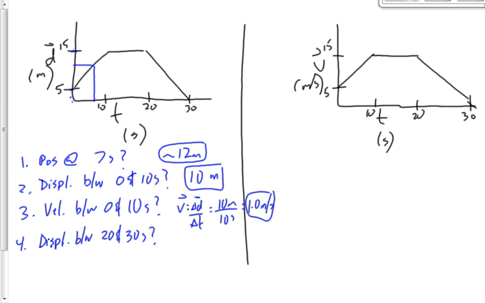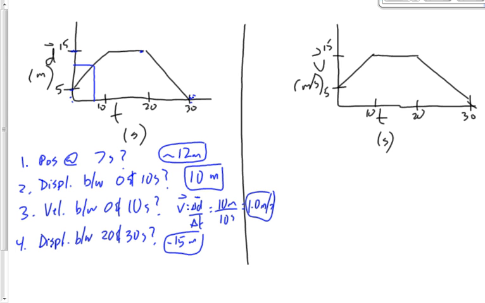What's the displacement between 20 and 30 seconds? What's the final position at 30 seconds? 0. What's the initial position, Stephanie, at 20 seconds? 15. What's the change? 0 minus 15 is negative 15. Right? It's final position minus initial position.